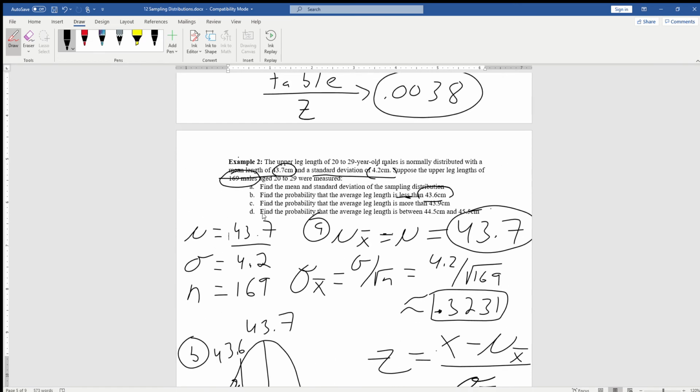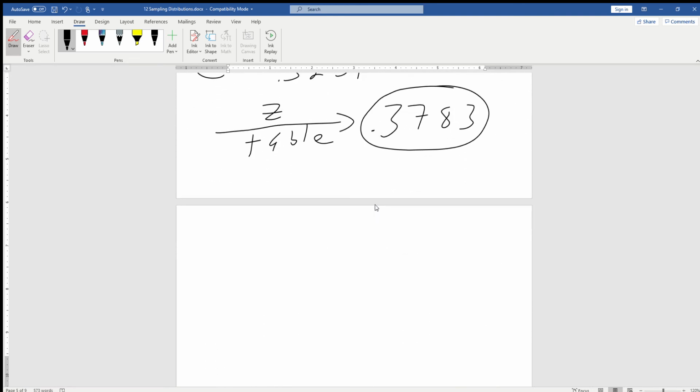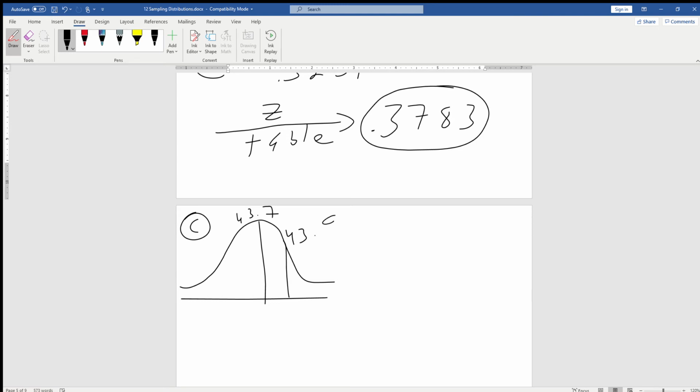For letter C, find the probability that the average leg length is more than 43.9 centimeters. Again, in the middle we have our distribution with 43.7, 43.9 is the value of interest, and this time we want more than.